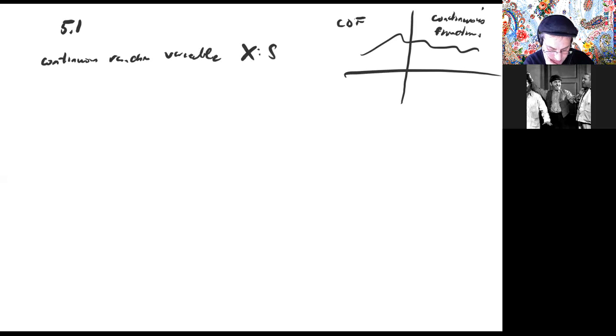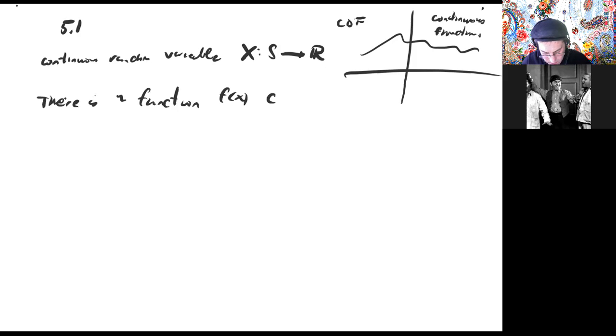That's a function from the sample space to the real numbers. And then we make a definition. There is a function, this is maybe an axiom for what we want, f of x, called a probability density function.